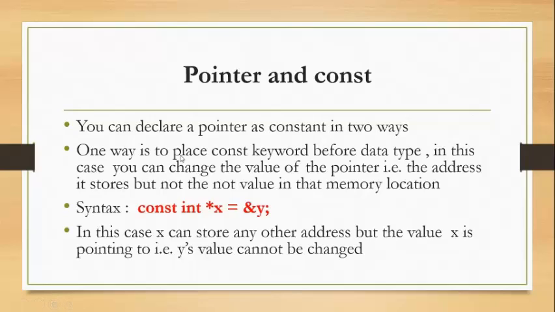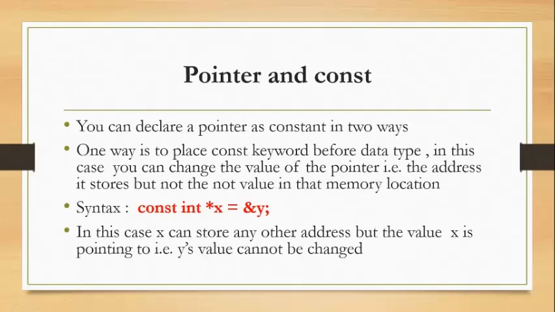First thing is to place the constant keyword before the data type, like here: const int pointer x equals ampersand y. In this case, x can store any other address. Like, there is some variable called z, and you can do x equals ampersand z after initialization.